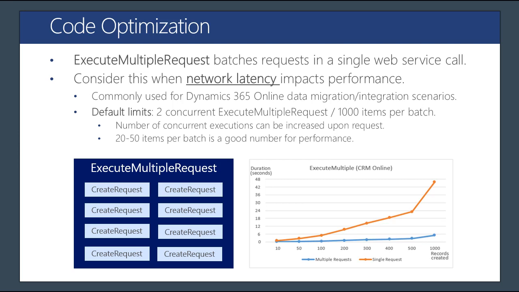You can see that in this example execute multiple has a huge difference in terms of performance and records created. In the same time, you can create many more records. So this is something that you should use, depending on your scenario, of course. We discuss this in depth in the data migration tech talk as well, so if you are interested in this topic, you should attend that tech talk.